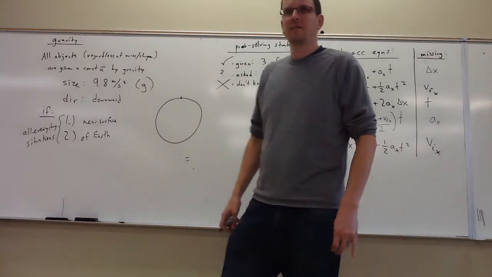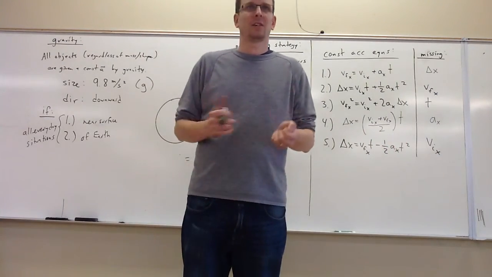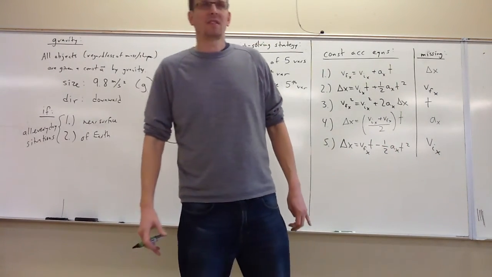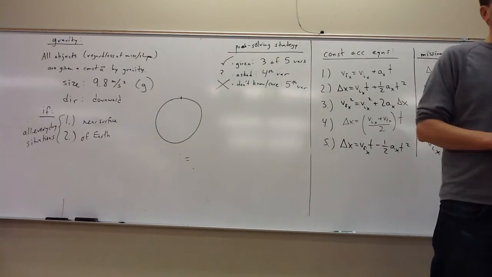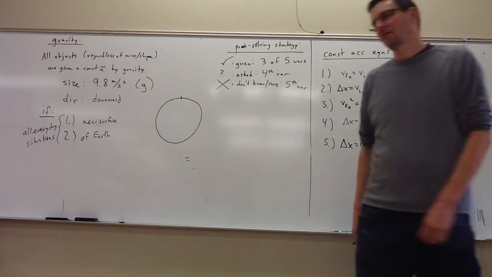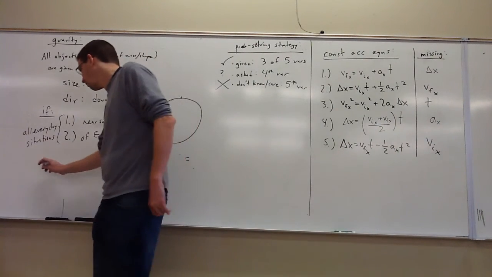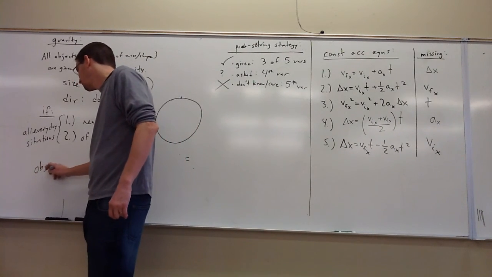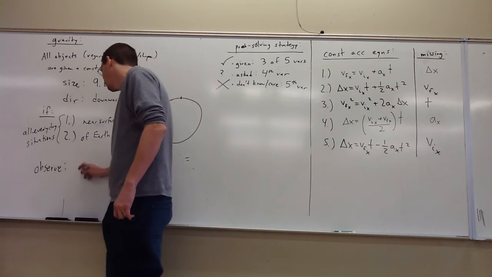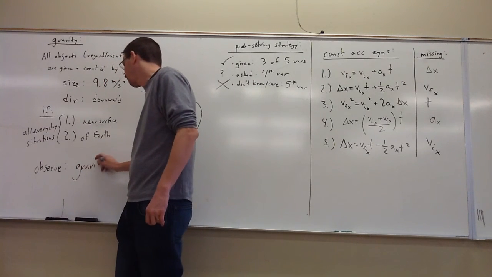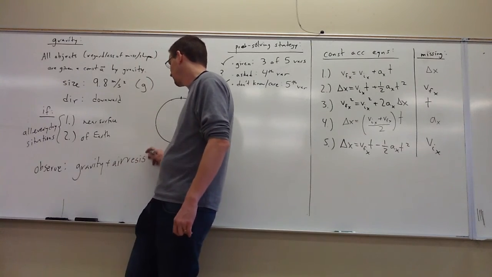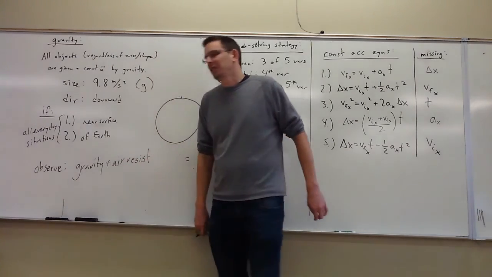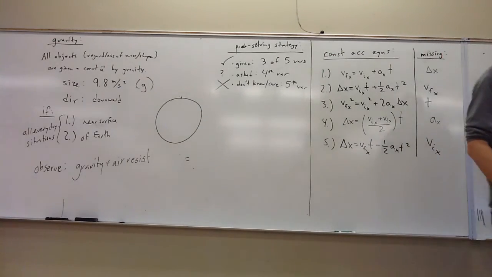That has nothing to do with gravity, okay? If it were up to gravity alone, they would hit the ground at the same time. The problem is that when you notice objects falling, it's not just gravity that's acting on them. There's also air resistance. So what you actually observe, objects flying around, is the combination of gravity and air resistance. And air resistance is what treats those things differently.